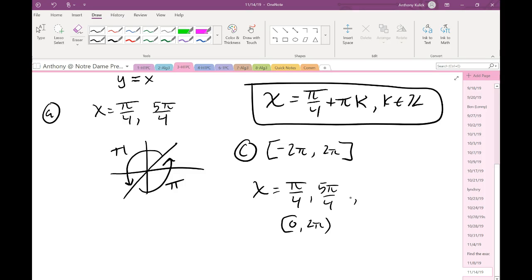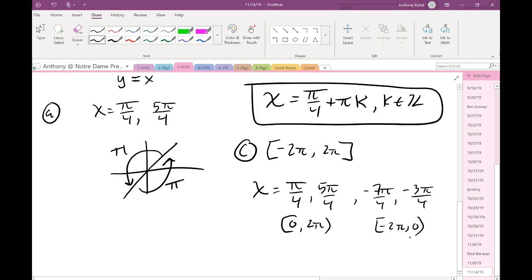So I'll do that just by subtracting 2 pi. When I do that, I get negative 7 pi over 4, and then negative 3 pi over 4. And those are my answers from negative 2 pi to 0. So when I take those together, those 4 are everything between negative 2 pi and positive 2 pi. Feel okay with that? Okay.